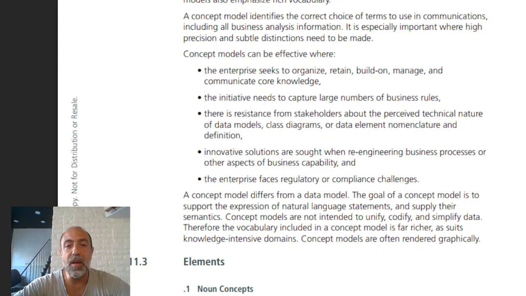Anyways, innovative solutions are sought when re-engineering business processes or other aspects of business capability. That's one. And the enterprise faces regulatory or compliance challenges. Okay, that's true. Compliance challenges are tricky because ultimately it's what people are bringing for you, and you have to be able to explain them a certain way.